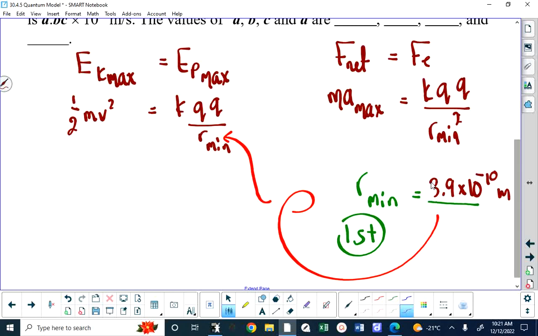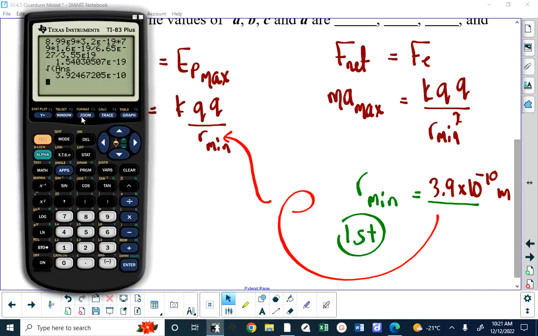Now I need to use that to find the potential energy. So this is my K times the charge of the alpha particle times the charge of the gold nucleus.